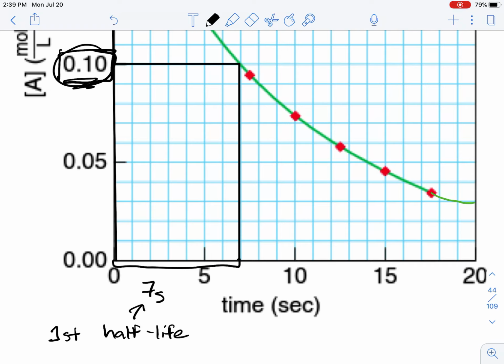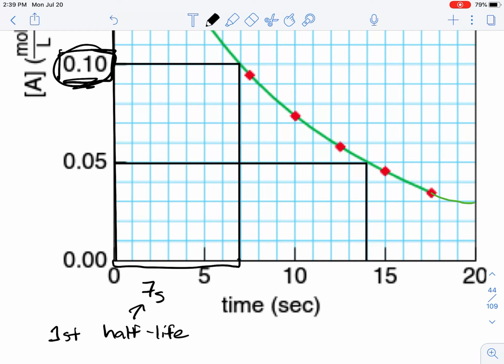When the concentration reaches 0.05, how much time did it take for the remaining value to be halved?